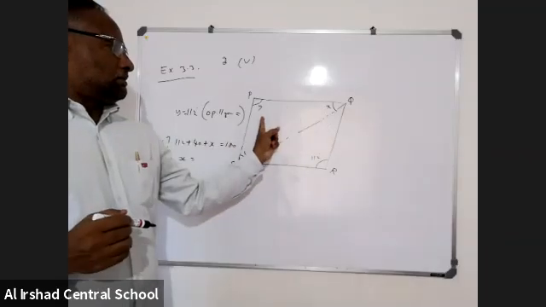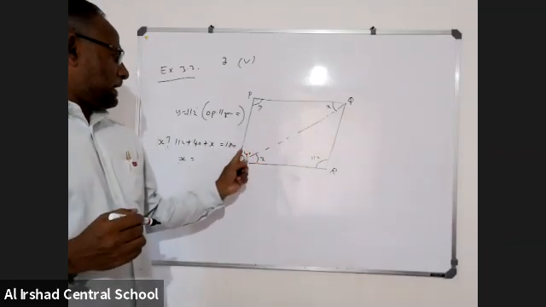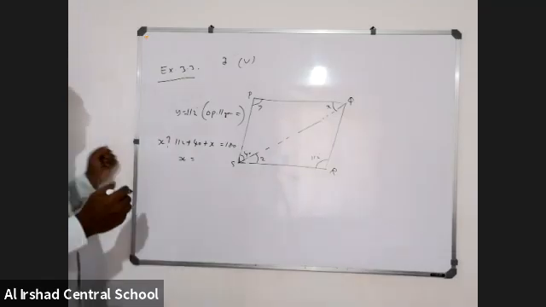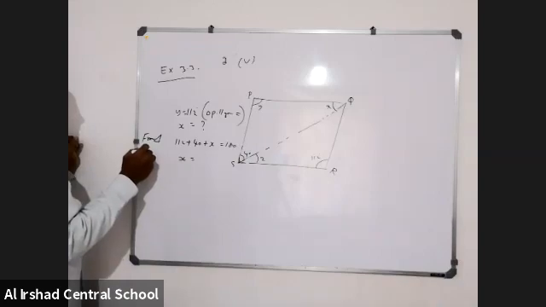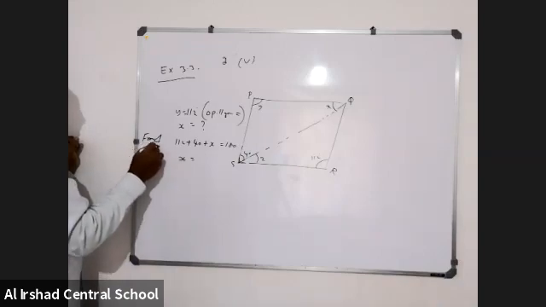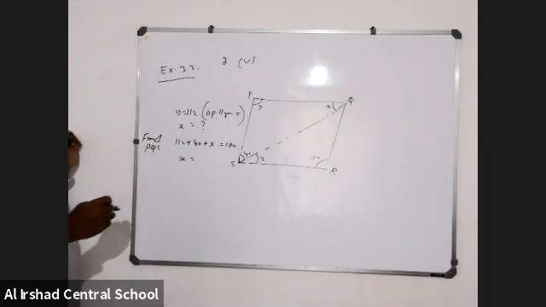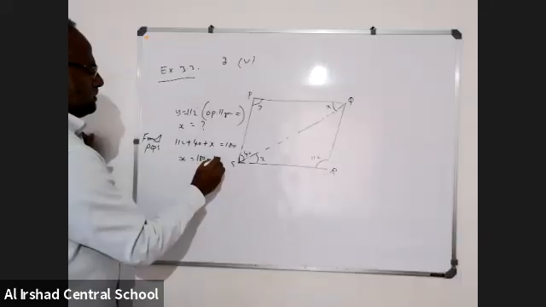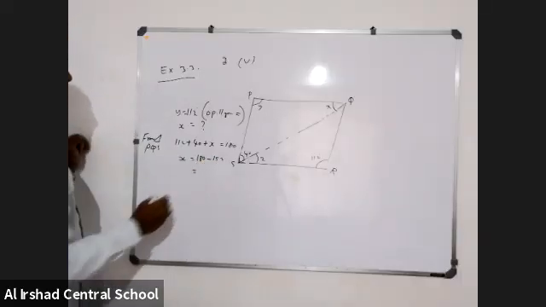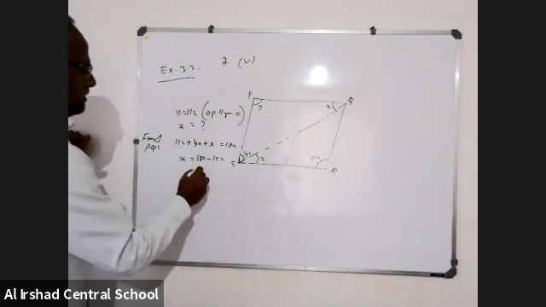From the triangle PQS, 180 minus 152, okay, 28 degree.